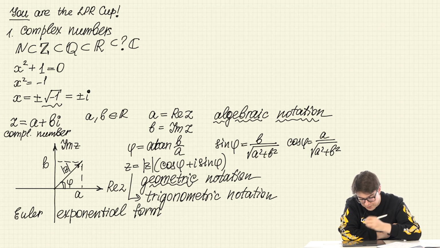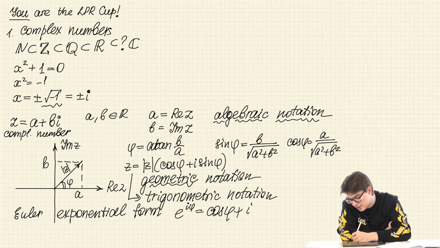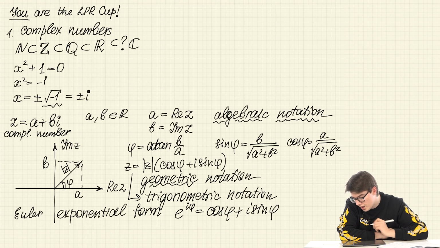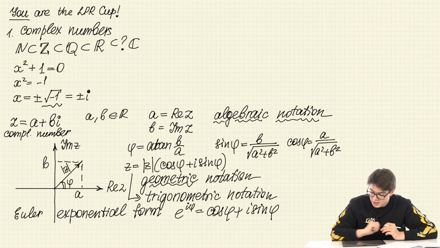He found that the exponent of i phi equals cosine phi plus i sine phi. It is a very convenient expression which is widely used in complex analysis, and we will also use it in our further discussion.